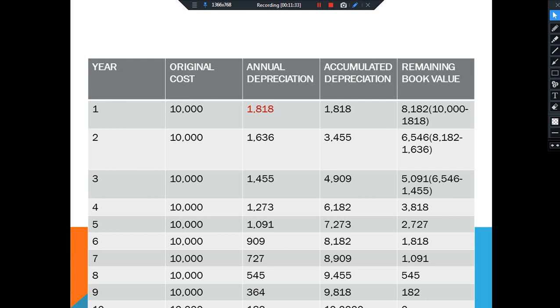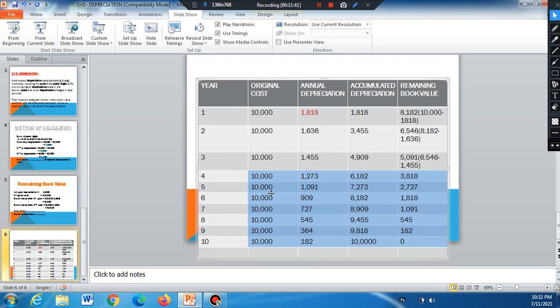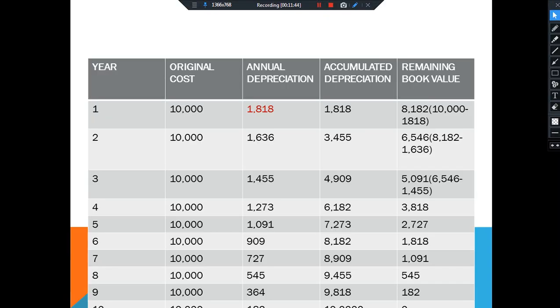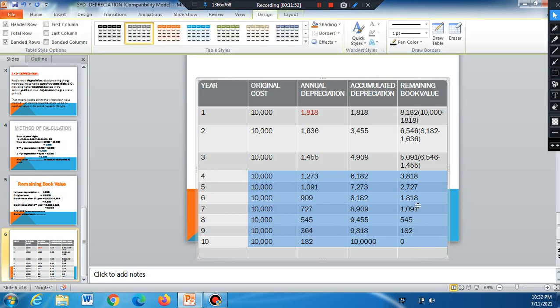So in the last, what exactly is coming here? So here we come to the 10th year. In the 10th year, the original cost will remain same, 10,000. 182 will be the annual depreciation of the machine.